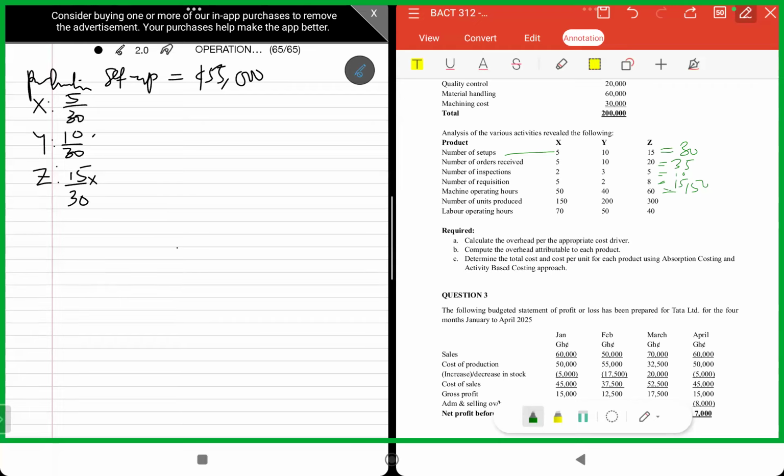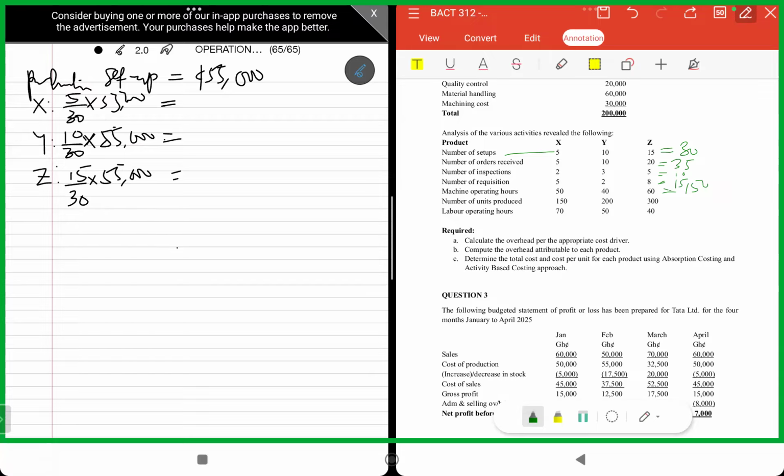Then I'll multiply each of them by the cost, because that's what I'm sharing, by the 55,000. Do we get it? So what do we have?